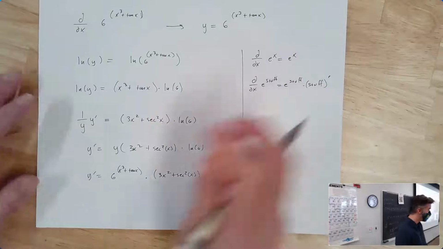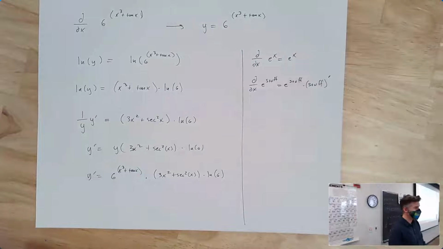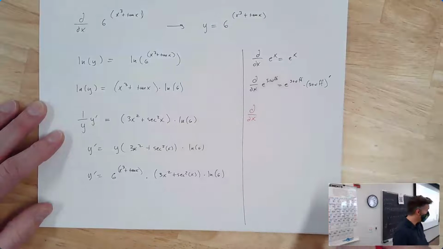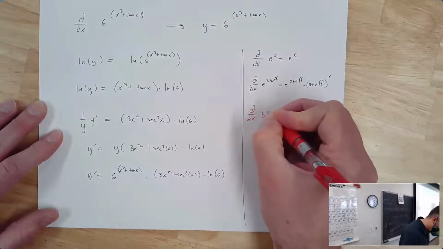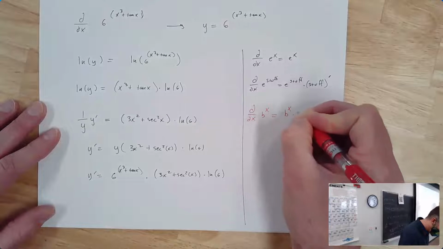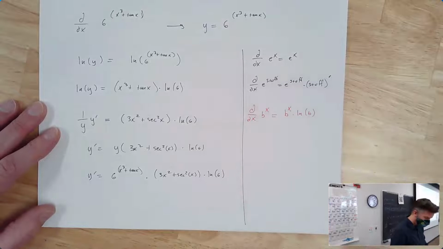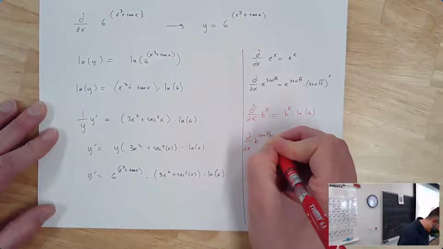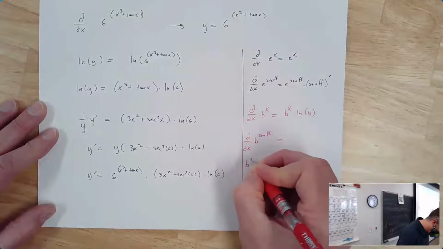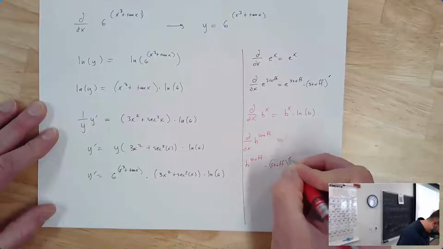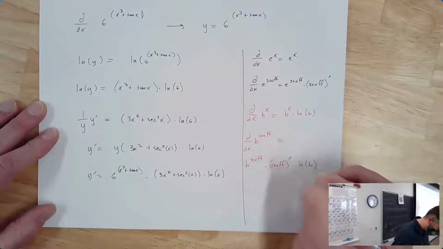And then if you make the base something other than e, you're just going to introduce a multiple of the natural log of that base. So the derivative of b to the x is b to the x times the natural log of b. And the derivative of b to the stuff is b to the stuff times the derivative of the stuff times the natural log of b.